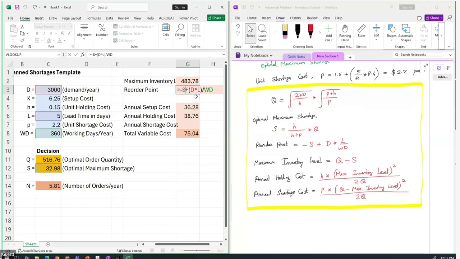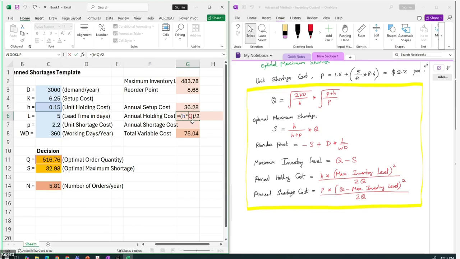Reorder point, we have modified the formula. Now, maximum inventory level, done. Annual setup cost, formula will be the same. There is no change.